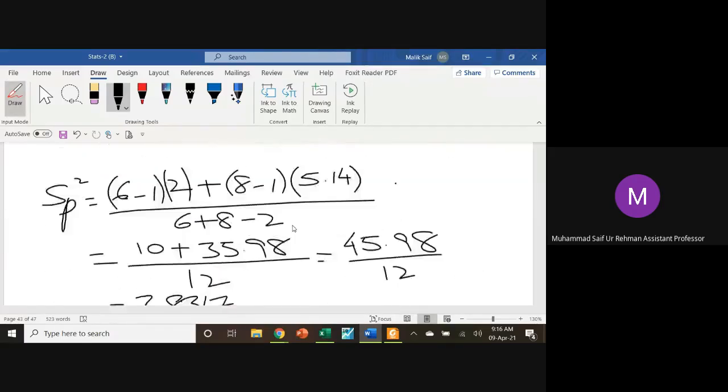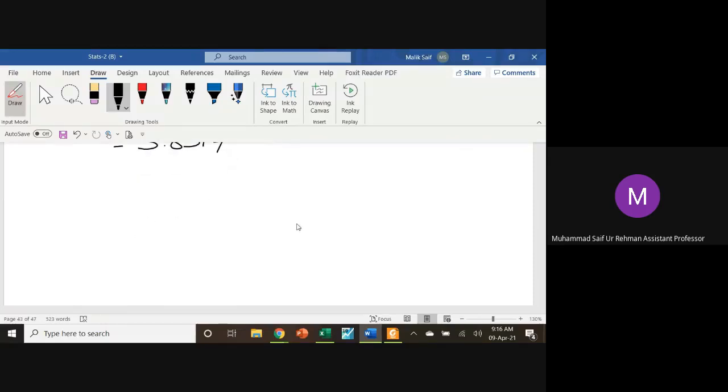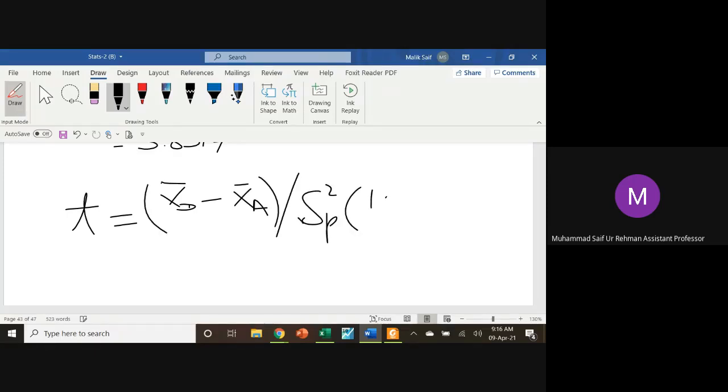So now SP square we have found, and now we can find out the T calculated. So XD bar minus XA bar divided by the square root of SP square into braces 1 over ND plus 1 over NA, braces close.